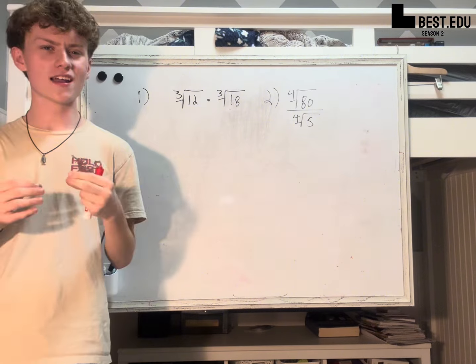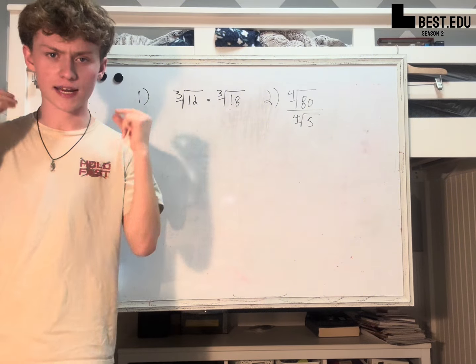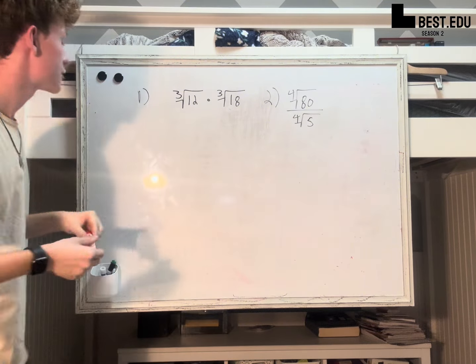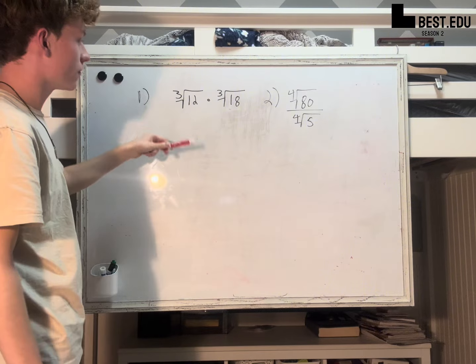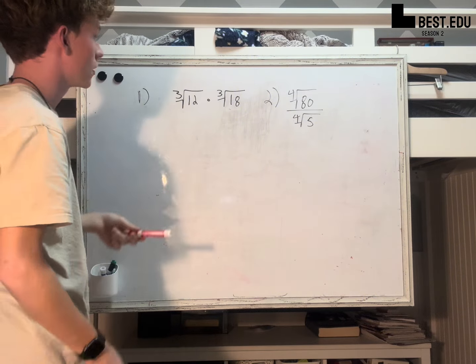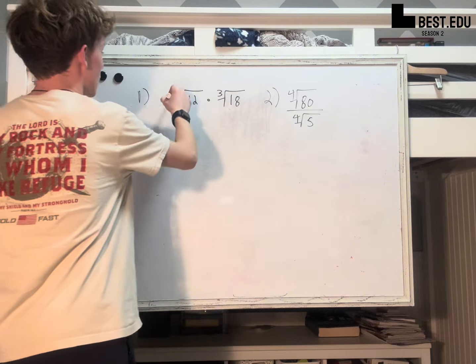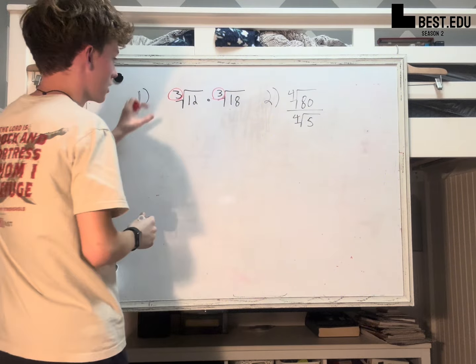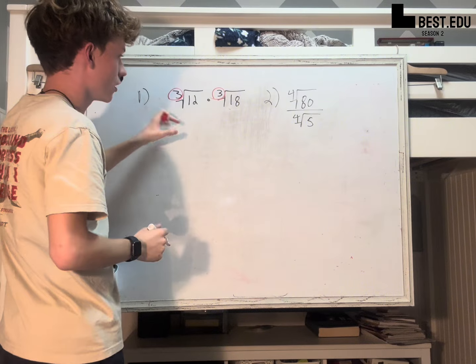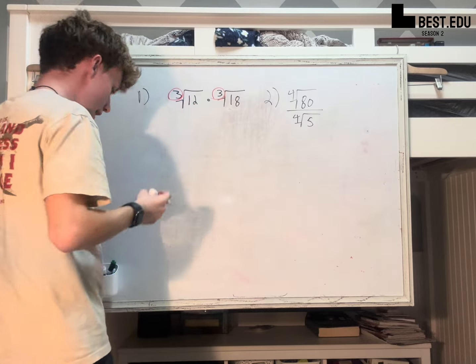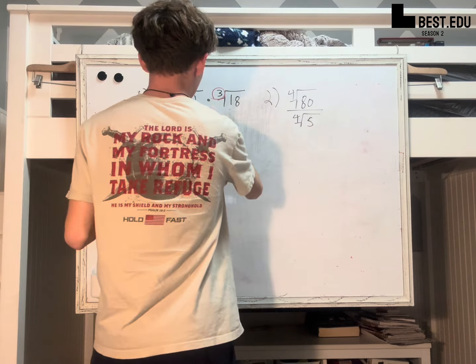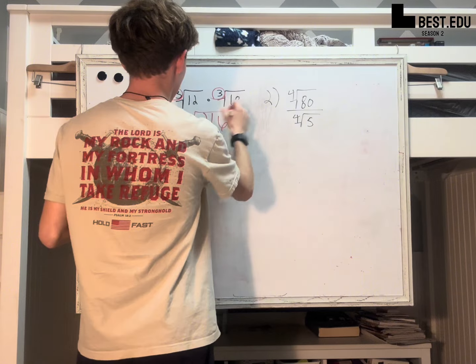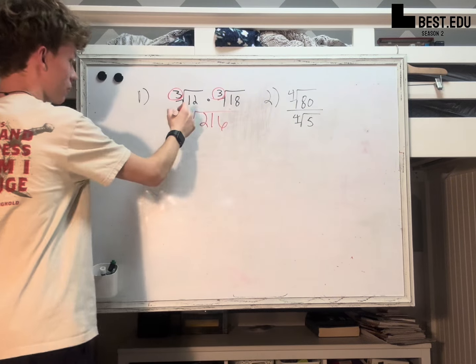Now I thought I should run through these two just to get in your mind how they work. So we have the cube root of 12 times the cube root of 18. Because we have two matching roots here, we just multiply across. When we multiply 12 times 18, we get 216, and we keep the root.